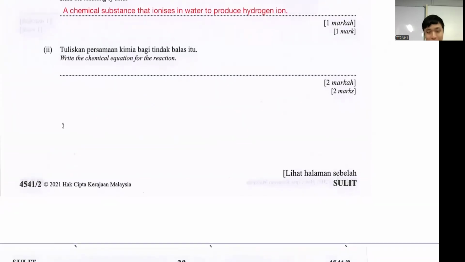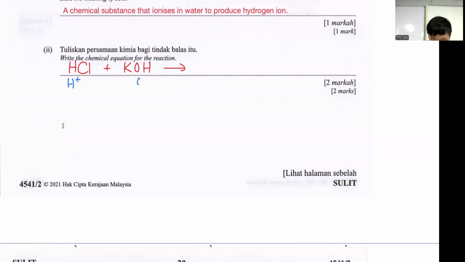So in this case, write the chemical equation for the reaction. So HCl plus KOH. What do you get? For those who still don't know, plus H2O.